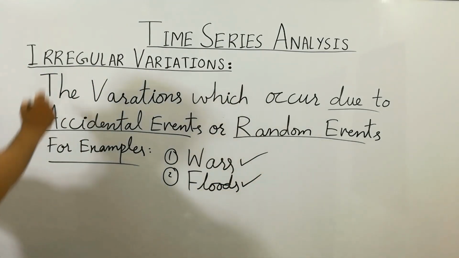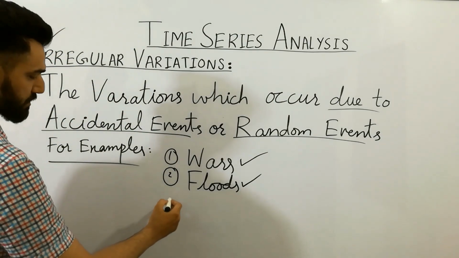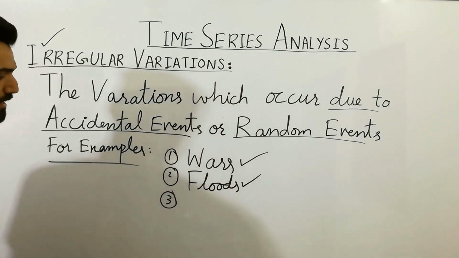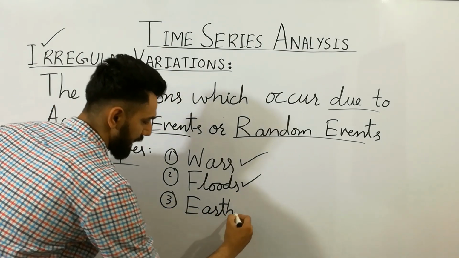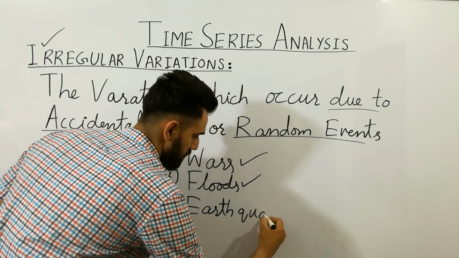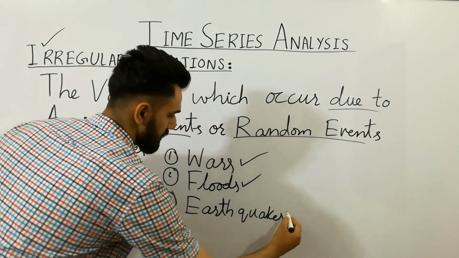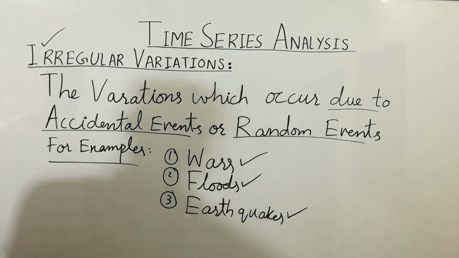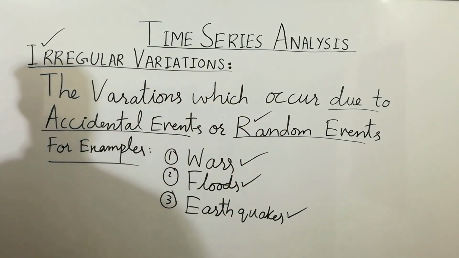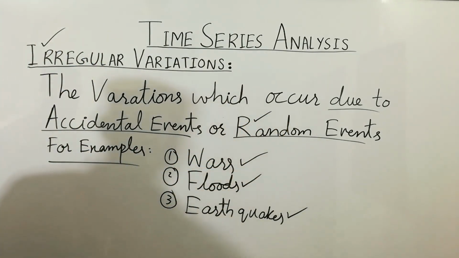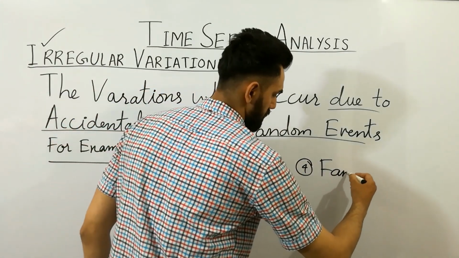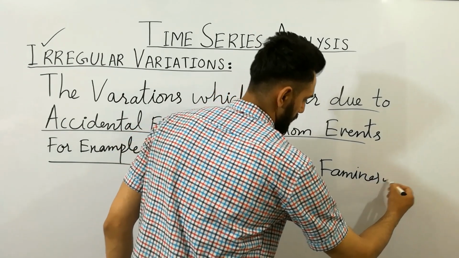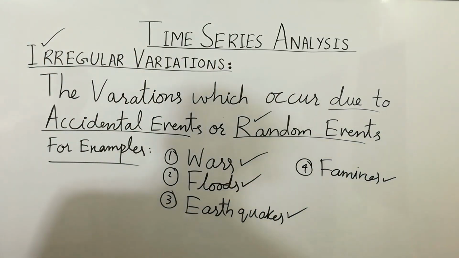That's called irregular variations. Next, number 3, earthquakes. This is a very important point. Earthquakes also come suddenly. These are random. That's called irregular variation. And the last, number 4, famines. That's called irregular variations.